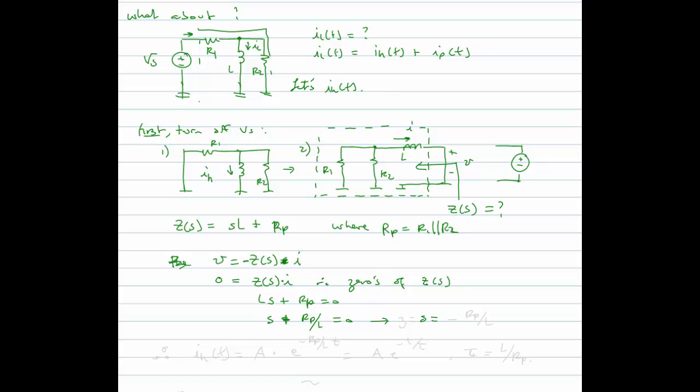Therefore, S is equal to minus RP over L, or we'd say that's our zero. And now we can write the homogeneous solution form. It's going to be some constant A e to the minus RP over L t, or we could write it as A e to the minus t over tau, where tau is equal to L over RP.